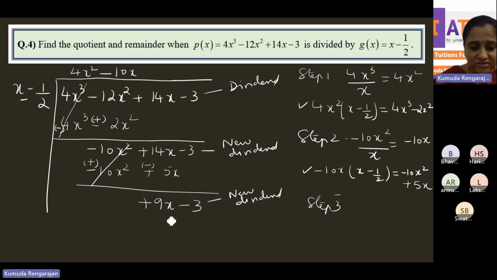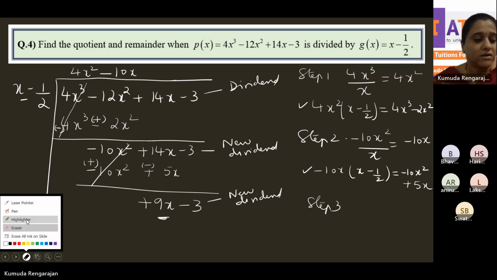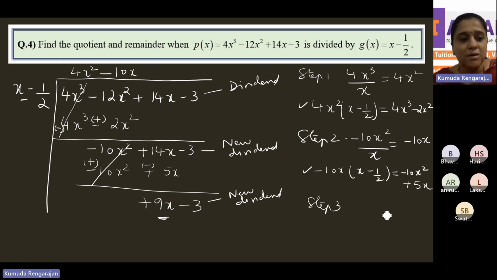Divide the first term, 9x, by x. See, always by x only. You can see every step we are dividing by x. What is changing is that we take the first term of the new dividend each time, but it's always divided by x.